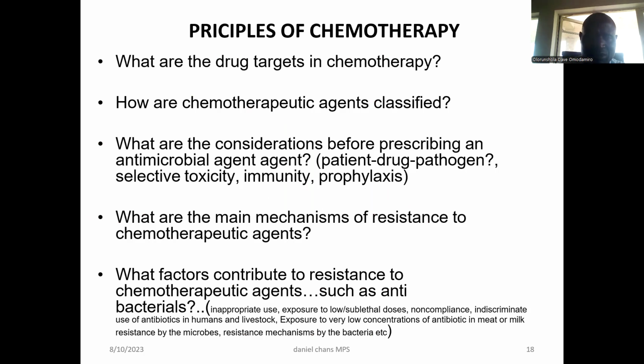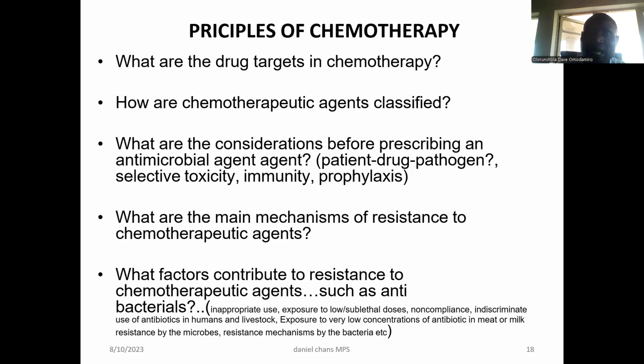Now we look at the principle of chemotherapy. What are the drug targets in chemotherapy? How are the chemotherapy agents classified? What are the considerations before prescribing an antimicrobial agent? Patient, drug, pathogen, selective toxicity, immunity, prophylaxis.